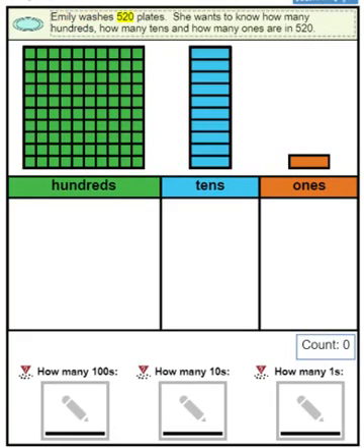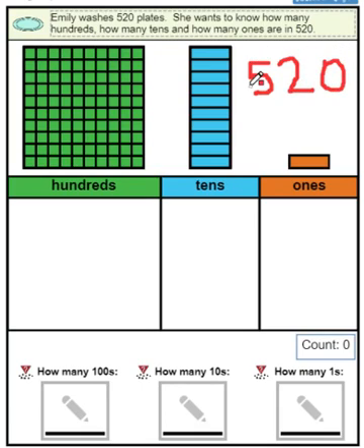Emily washes 520 plates. She wants to know how many hundreds, how many tens, and how many ones are in 520. Okay, so there's my number, 520. If I look all the way to the right in the ones place, I have 0 ones, so I'm not going to put any ones in there.